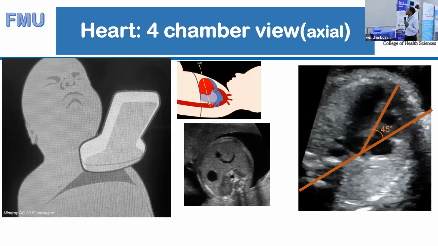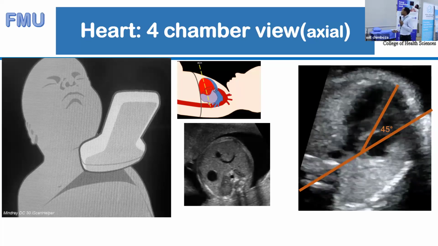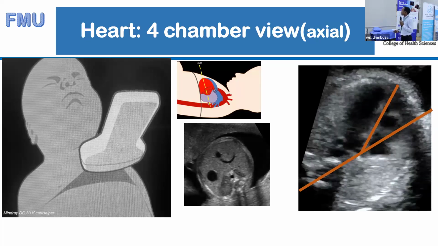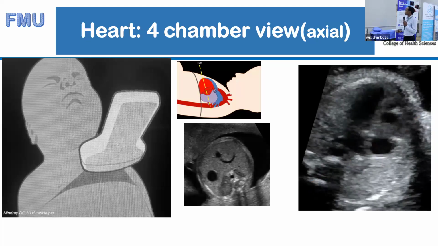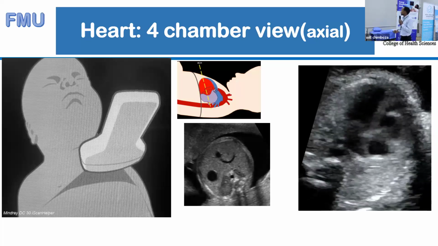Then as we are assessing the heart, we should see the tricuspid and the mitral valve freely moving, and the tricuspid valve should be a little bit more apically offset. The offset should be more apical when compared to the mitral valve. Then we should also assess the right atrium and then the left atrium.